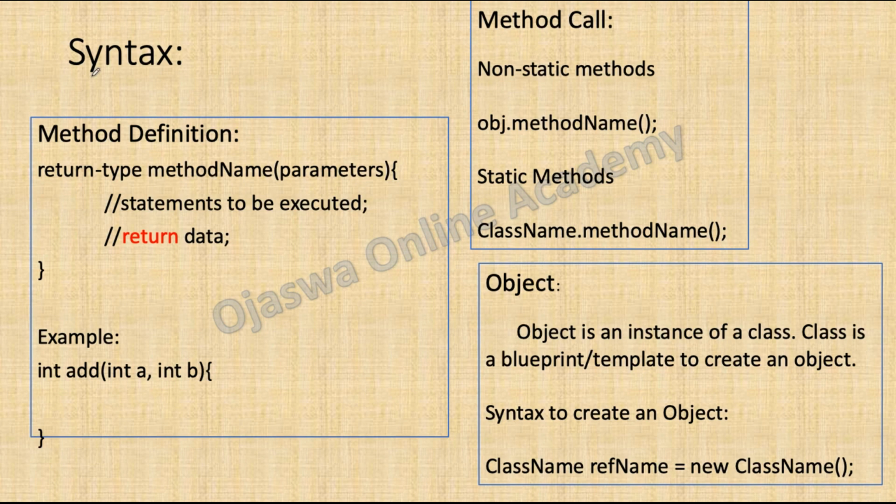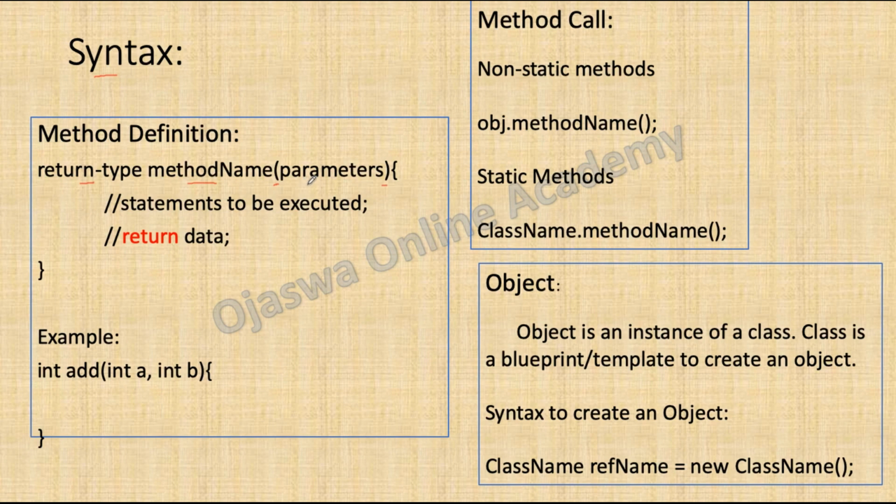So how do you define a method? For this, Java has given us syntax. Syntax for method definition is, you need to define a return type followed by a method name. The method name can be any logical name that defines the task done by the method. Then parenthesis. Inside the parenthesis, you may or may not define the parameters. A method may accept data to be processed.